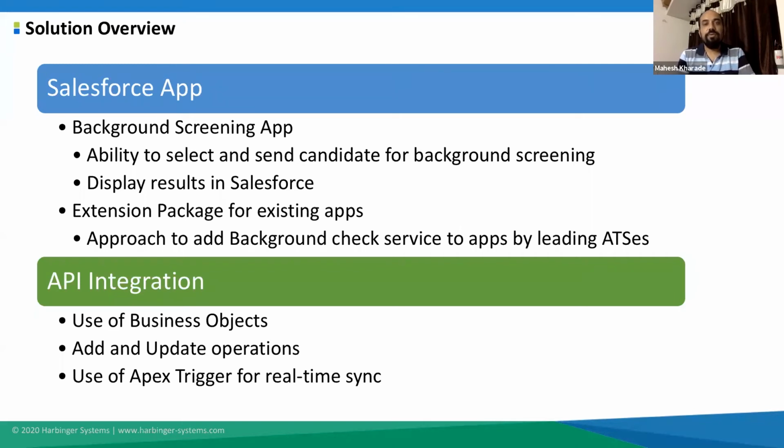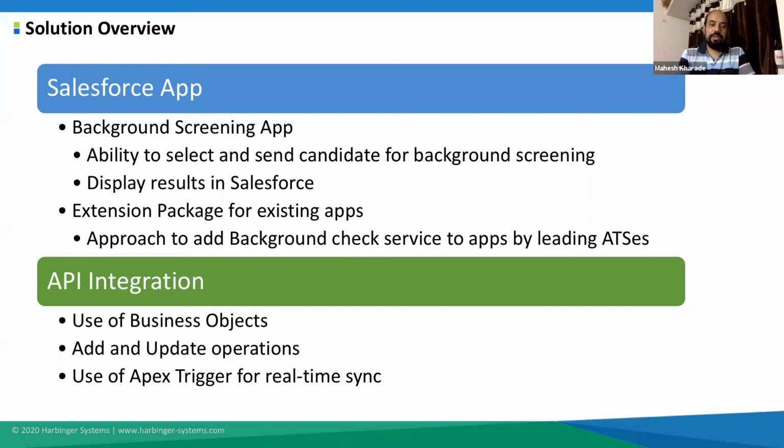So with this, we have been able to take care of most of the customer needs, where either they are using the core Salesforce apps, or they are using one of the leading ATS or HRIS providers. And then comes the actual integration bit, where we have used APIs. Being Salesforce, it's all driven by business objects, so we use them.